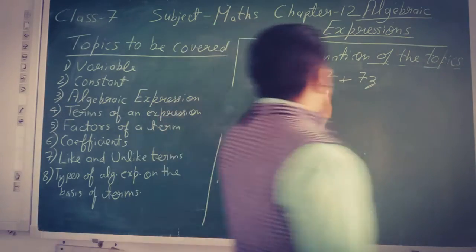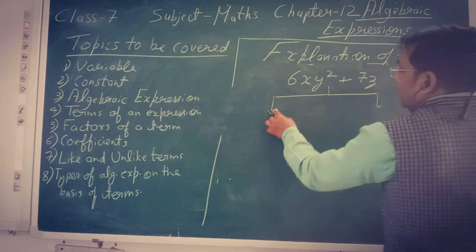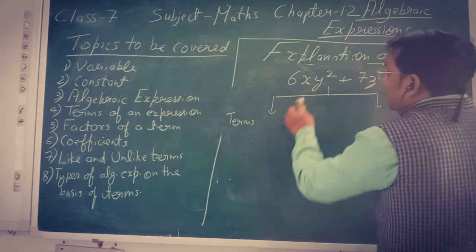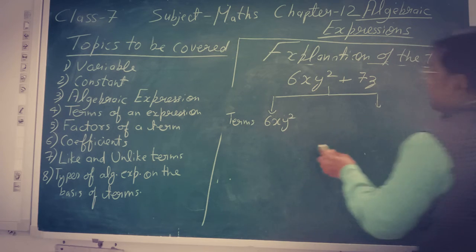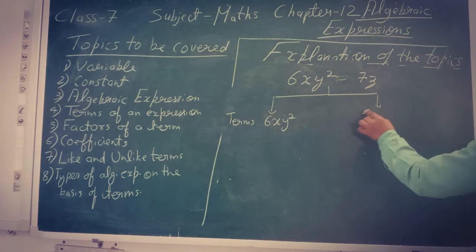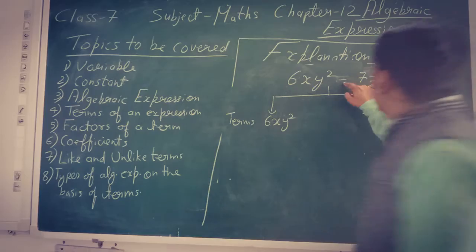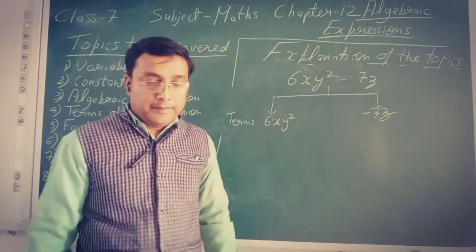So here 2 terms are there. We'll write the terms. The terms are 6xy square, and here let us put minus: minus 7z. Remember, when there is a minus sign, I have to mention it.